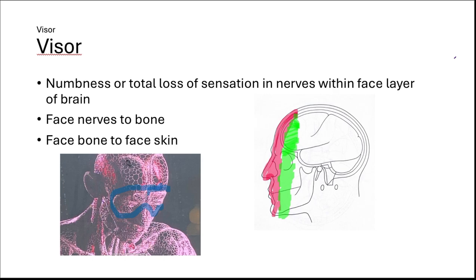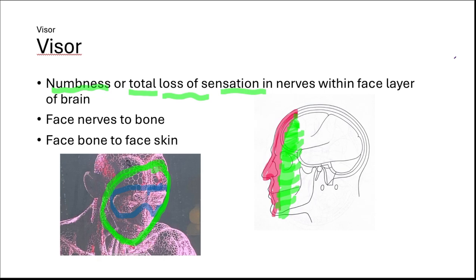And it's also with the face bone back to the face skin as well, that the receiving between the two has been in some way damaged in the process of setting up this area here. So it's a numbness, or it's actually a total loss of sensation to this face layer.